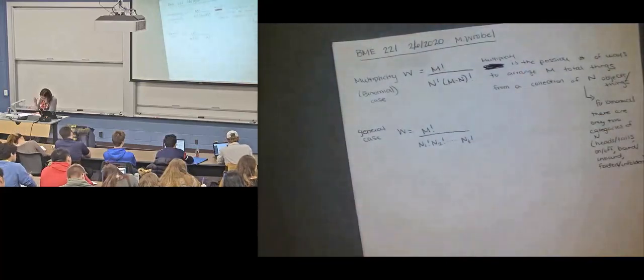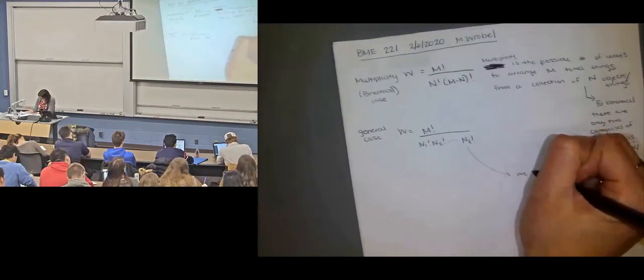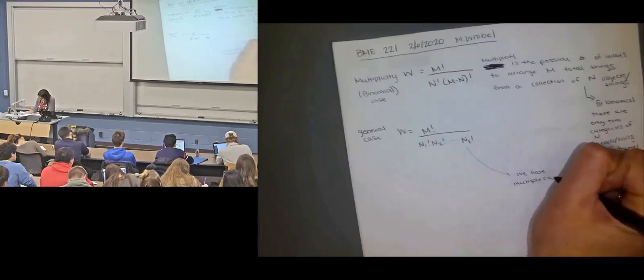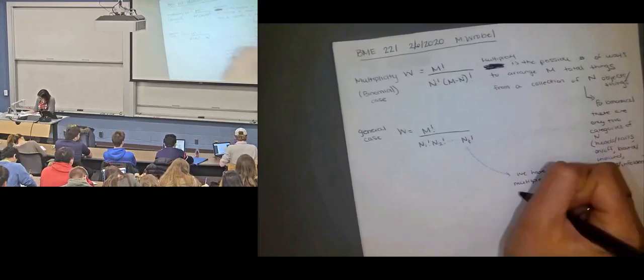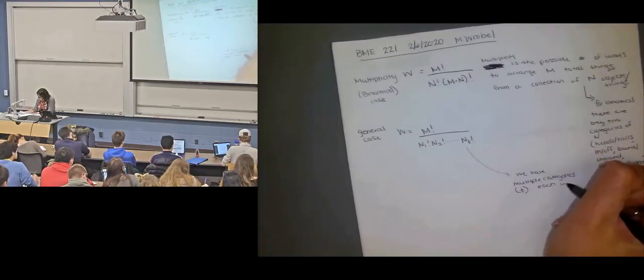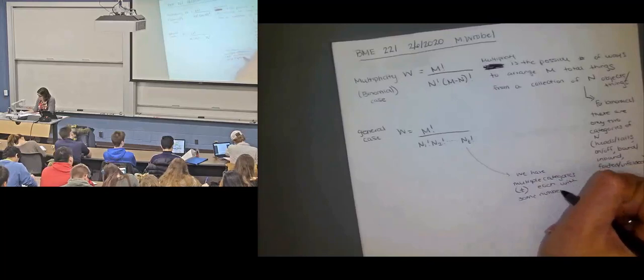So for our general case, we have multiple categories, t, each with some number of objects n.